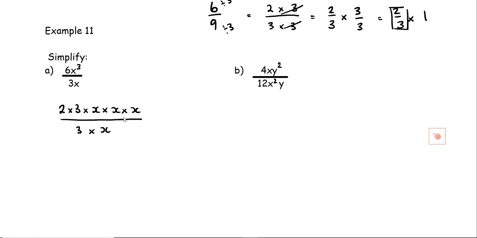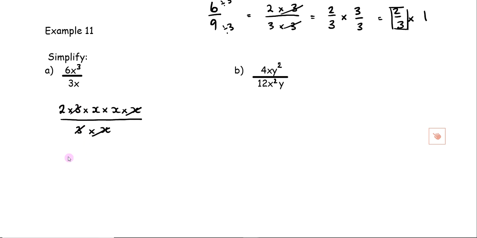Okay, so now you can see, like up here, we cancelled out common factors because they become times 1, so I can cancel one x with another x. So now they don't need to be considered because they're like having a multiplied by 1. And this 3 and this 3 can be cancelled.